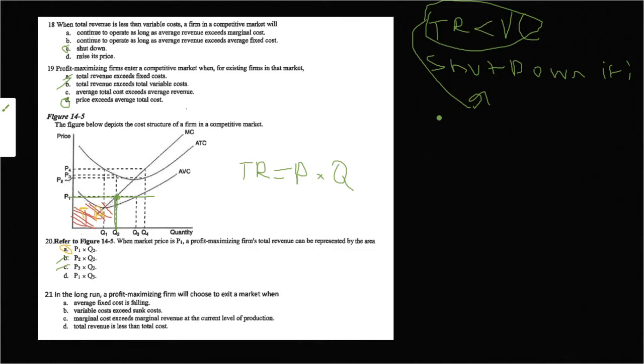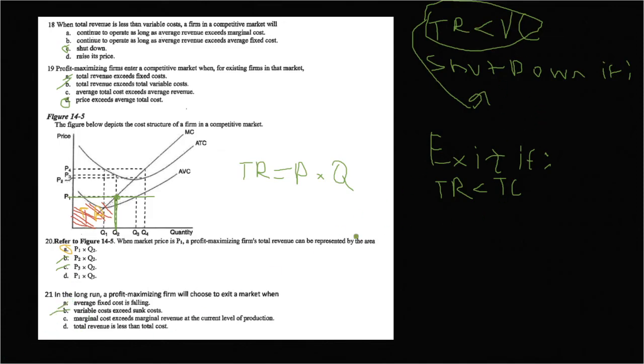Also, another addendum to this is basically exit, if the total revenue is less than total cost. So our shutdown conditions and exit conditions. Sunk cost doesn't matter when choosing to exit. Average fixed cost doesn't matter.